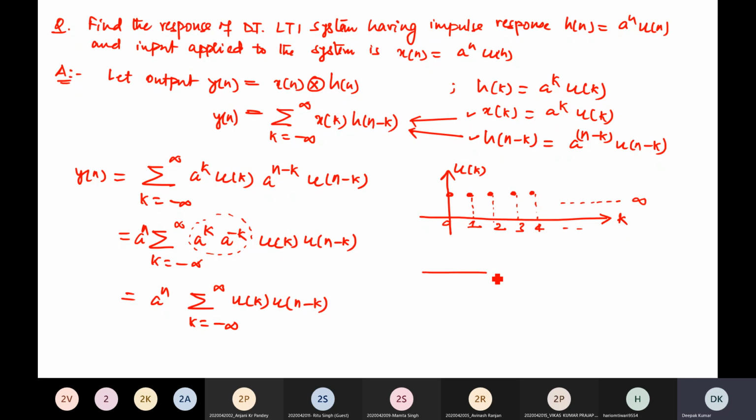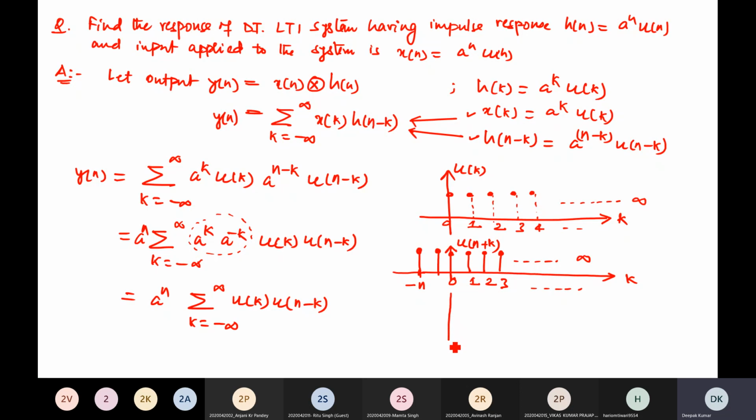So if you shift the time, u of n plus k will become shifted, because the time shifting is done, so it will shift the samples present in u of k, isn't it? So it will start somewhere at minus n, like this, from minus n to minus n minus 1, minus n minus 2, origin, 1, 2, 3 and so on.